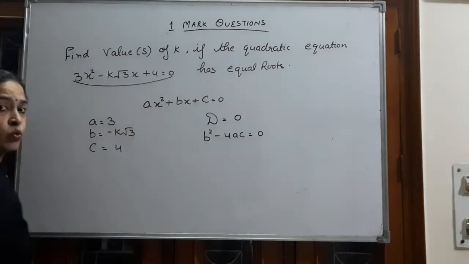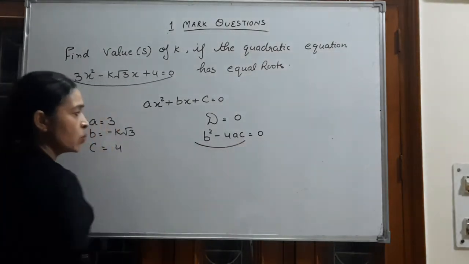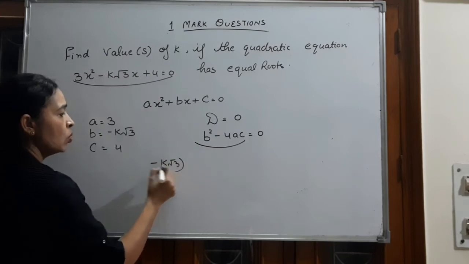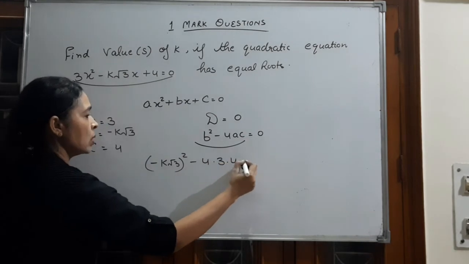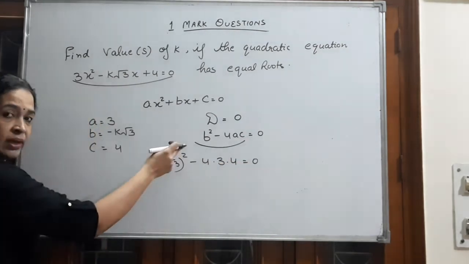Now, it is given that the roots are equal. It means D equals 0. What is D? B square minus 4ac: minus k root 3 whole square minus 4 into 3 into 4 equals 0.